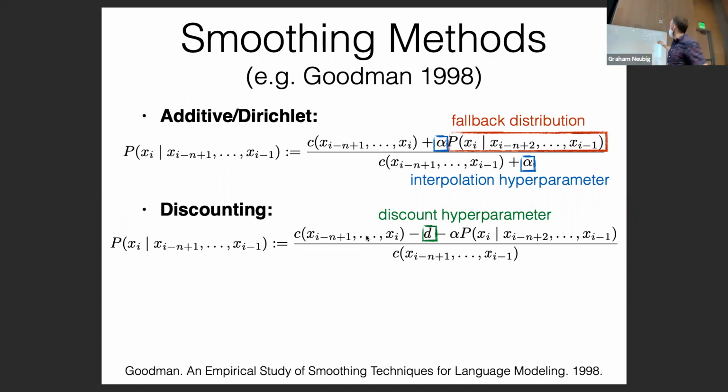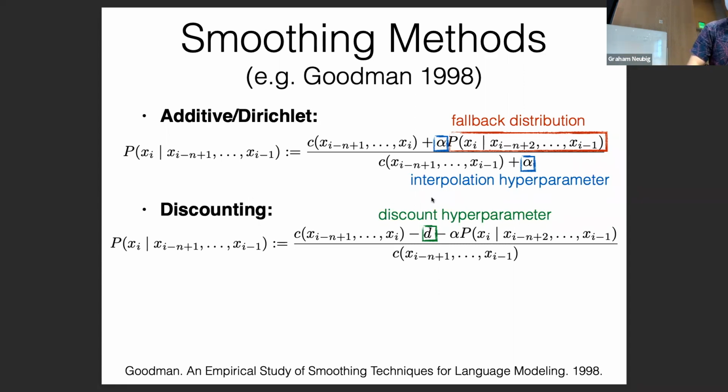So then this would become 1.5, this would become 0.5, and then we would take all of the stuff we subtracted and add it to the lower order distribution. So the lower order distribution would get a count of 1, basically a pseudo count of 1.